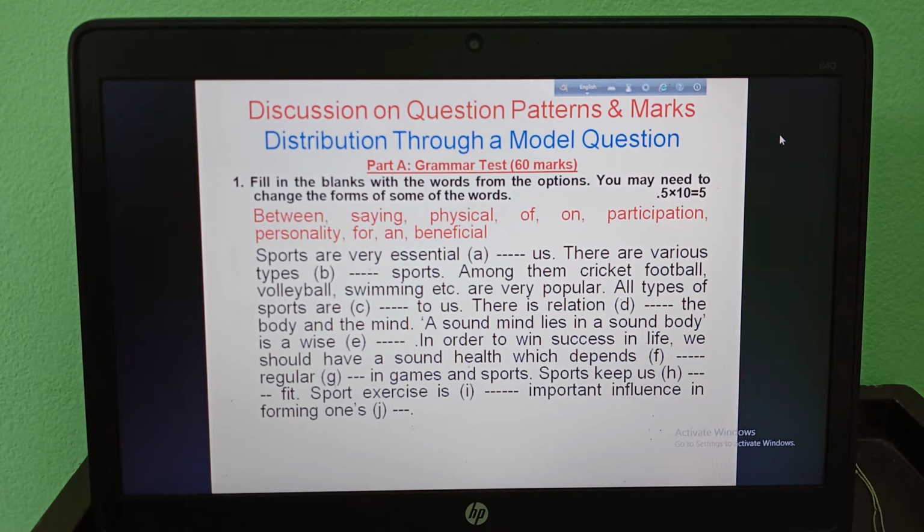Today I would like to discuss only the question pattern through presenting the slides.